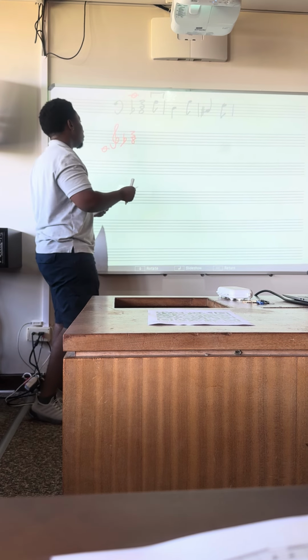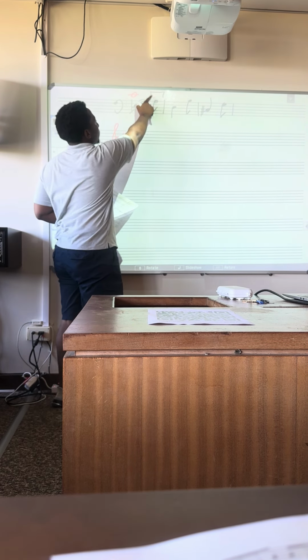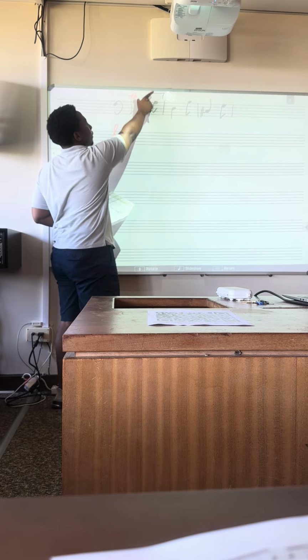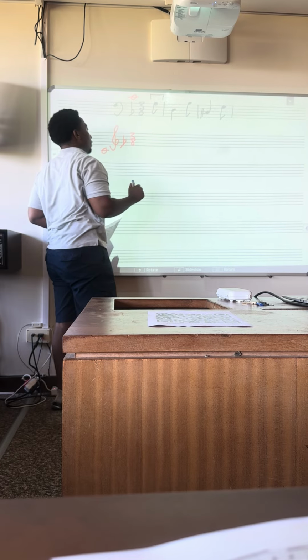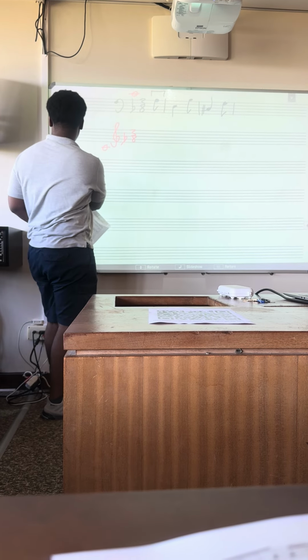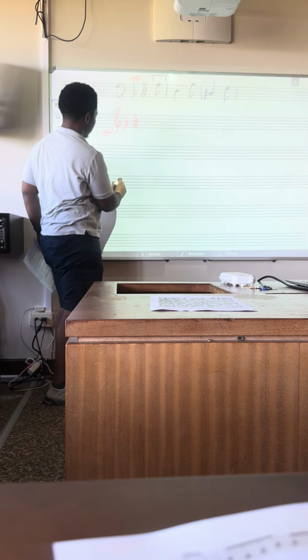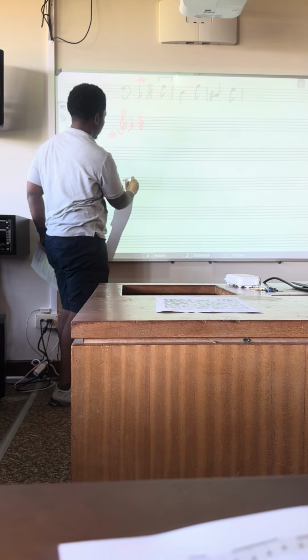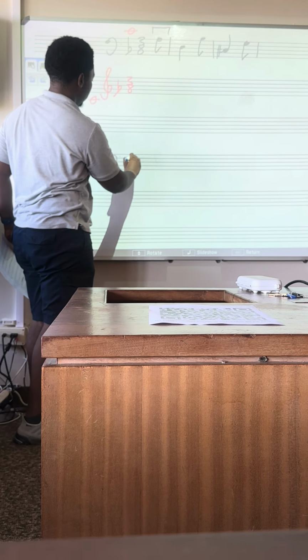So let's try it now. So this is A, it will be the A above middle C. So let's do this. Maybe if we can have the bass here. D flat 3/8.